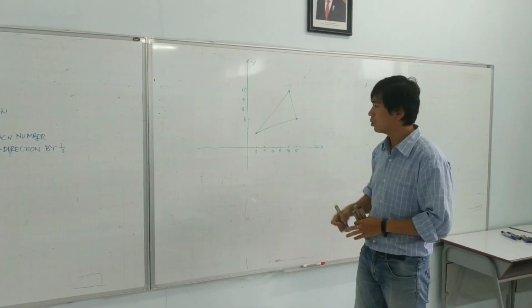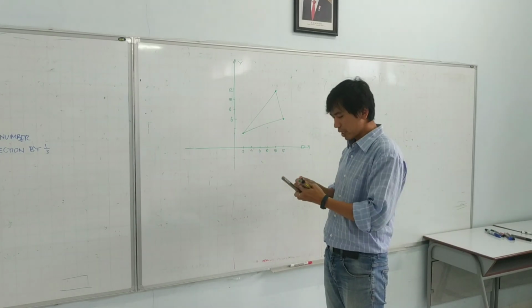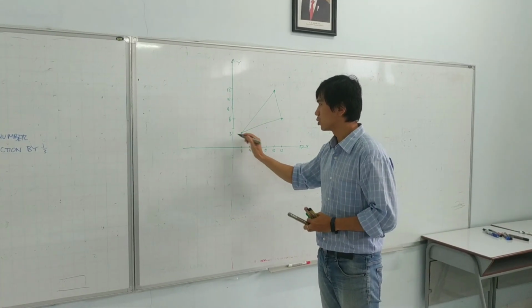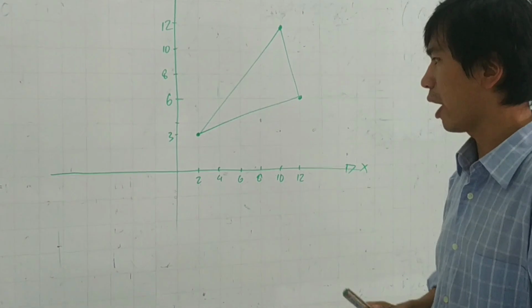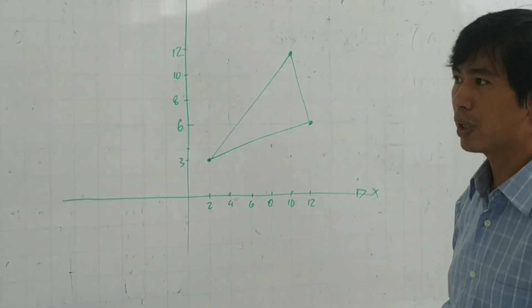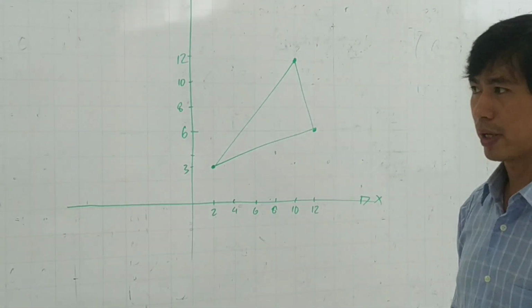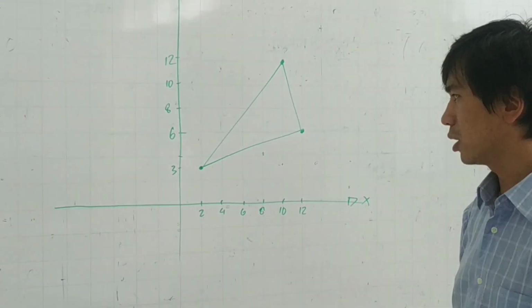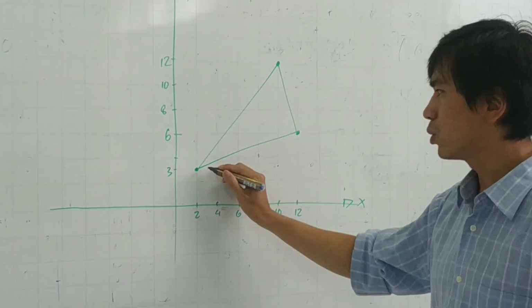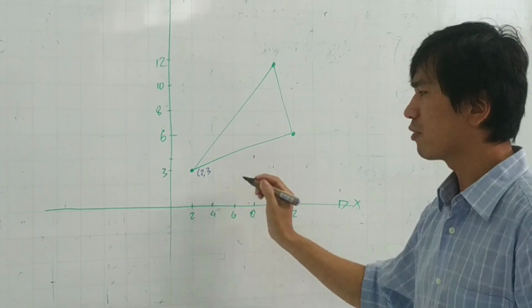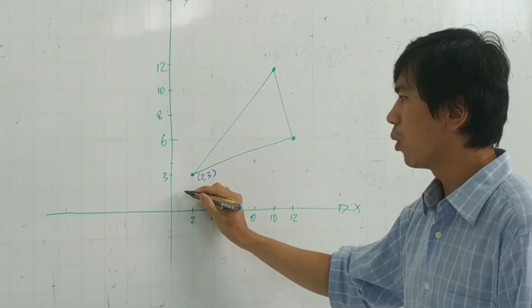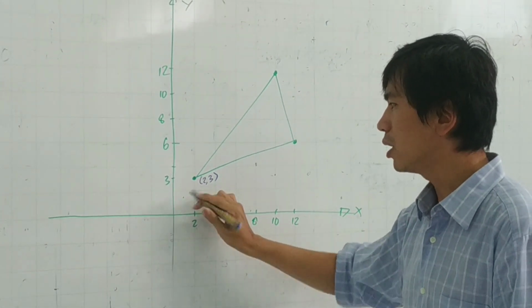So if you have (2, 3), the x coordinate will be 1, and the y direction is 1/3, so instead of (2, 3), after the transformation you'll have (1, 1). Why?